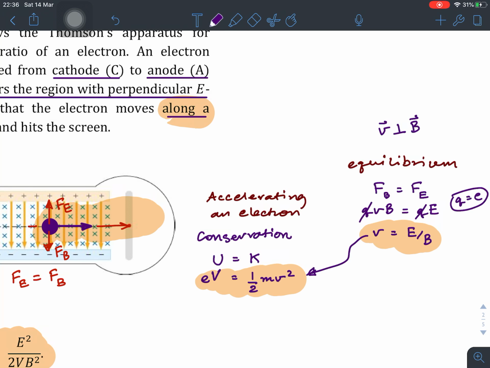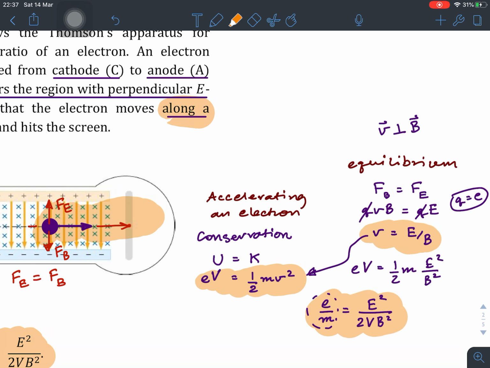Then we just plug this velocity into the conservation of energy we did before, so that we have eV equals half m times E squared over B squared. Then I rearrange the equation by moving m to the left hand side, so that we have e over m, or the charge per mass, equal to E squared divided by 2VB squared.